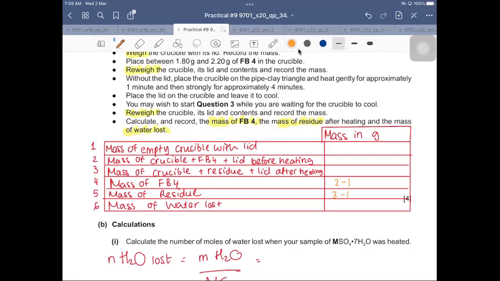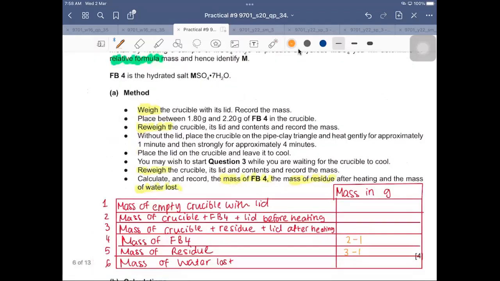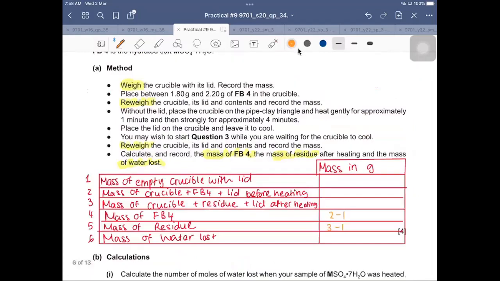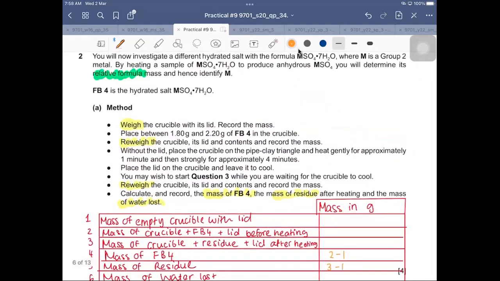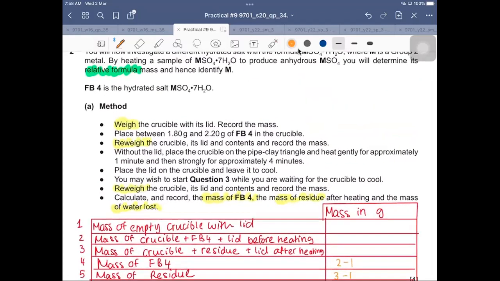Mass of water loss. If you look at the question, they don't tell you the equation. But what happens is that when you heat this sulfate, you will form a residue plus H2O, which will escape or evaporate as gas.